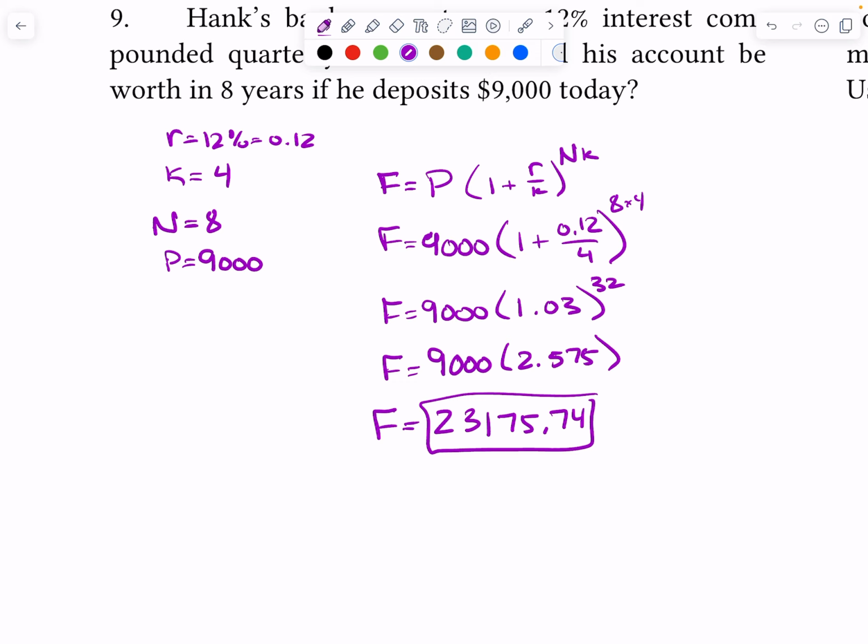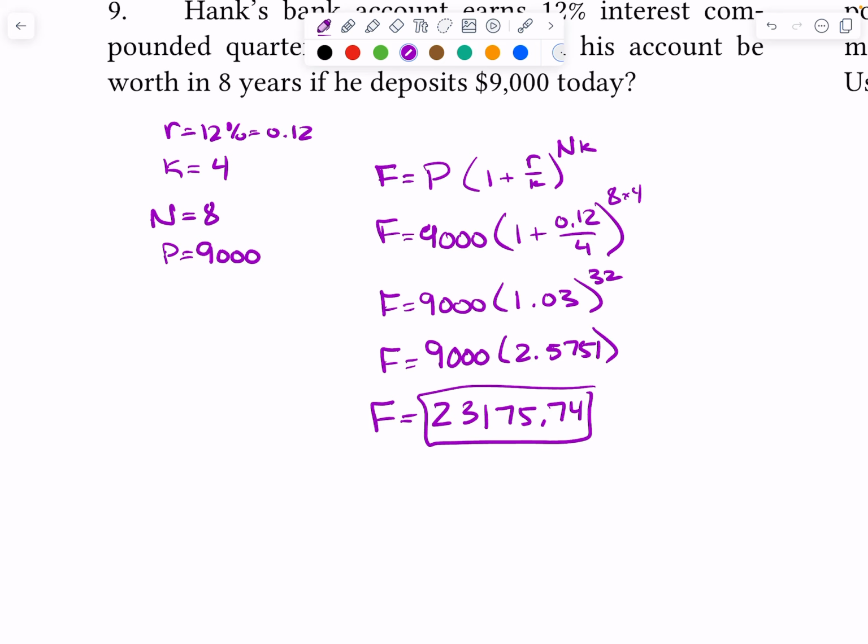So we have 1.03 to the power of 32. Yep, that's what I got. So I guess I could put a 1 here just to be more precise. If you rounded more than I did, you would get slightly different digits, but it should be in the same ballpark.